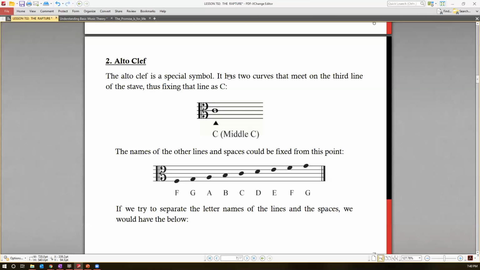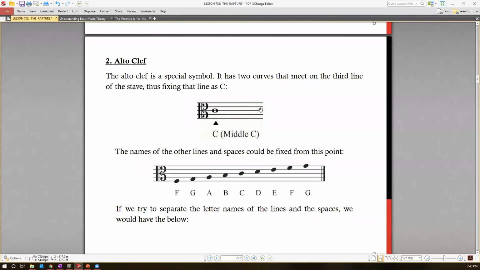It has two curves that meet on the third line of the stave, thus fixing that line as C. That's the symbol of an alto clef. It represents the line of C. If you notice the shape, everything centers around there, and we call that our line C.